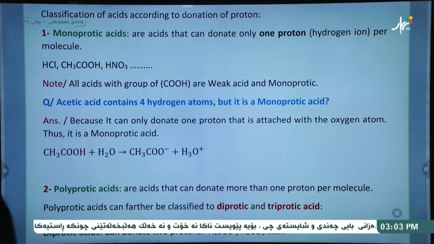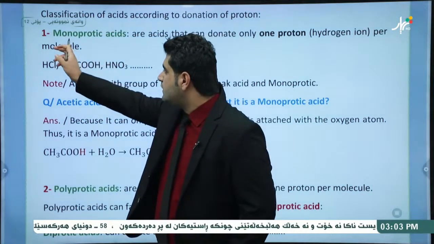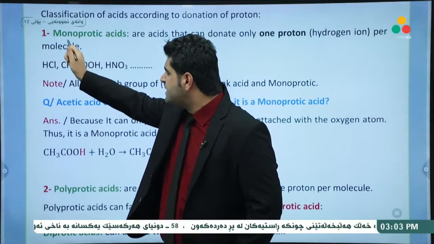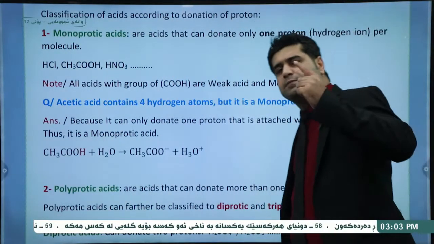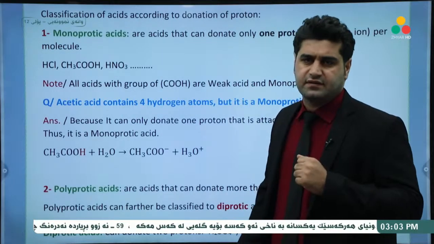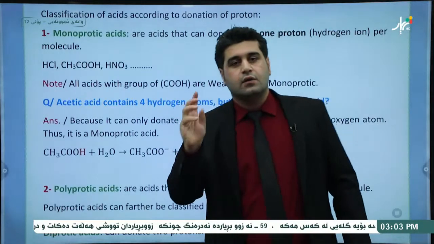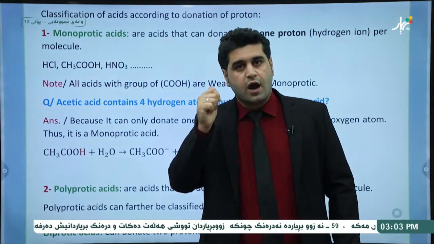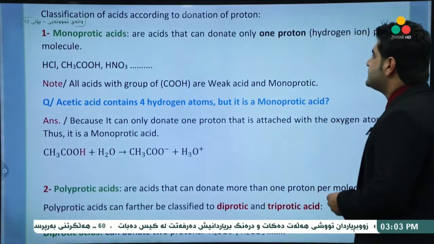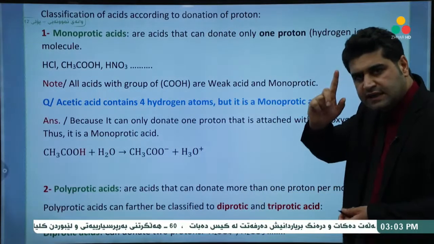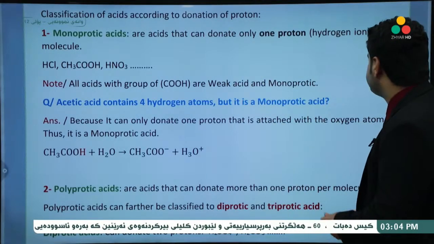Monoprotic means single proton: the acid that can donate a single proton per molecule of the acid. It means if we have one molecule of acid, it can donate only one proton. So the acid that can donate one proton only per molecule is called monoprotic acid.